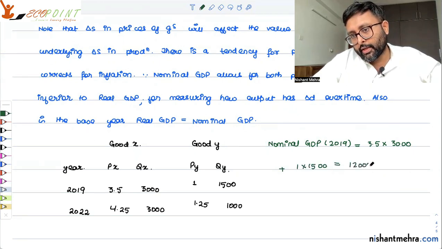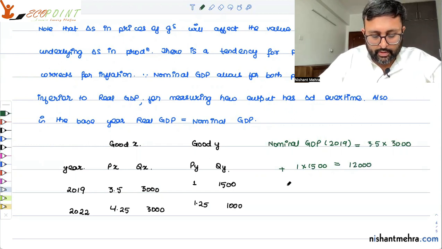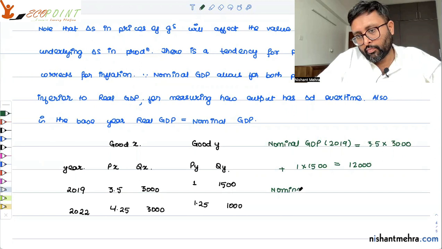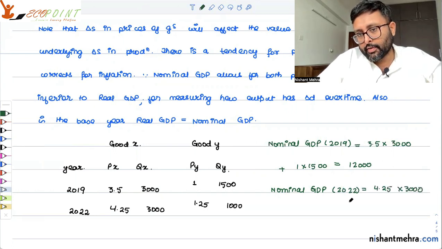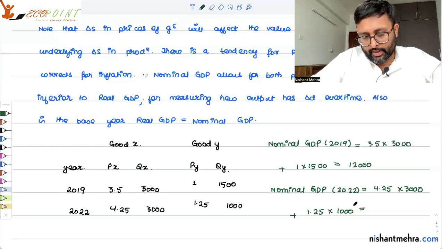That comes out to be 12,000, right? Nominal GDP in 2022 is going to be price of X into quantity of X plus price of Y into quantity of Y. That comes out to be 14,000.